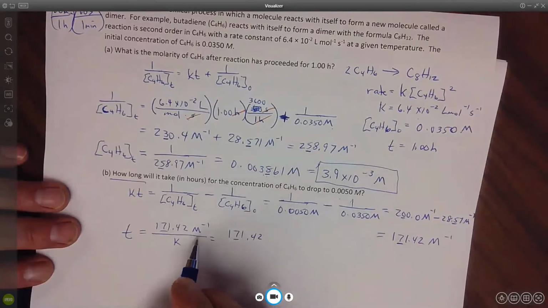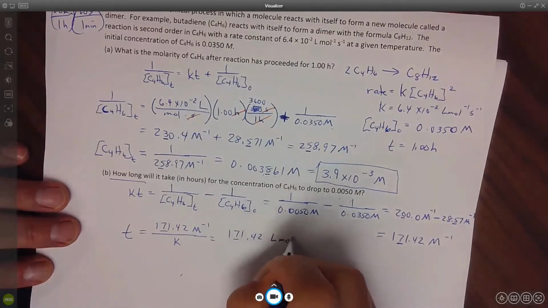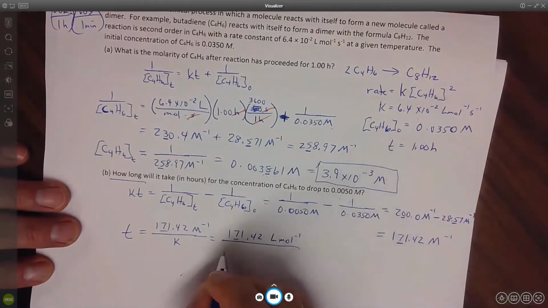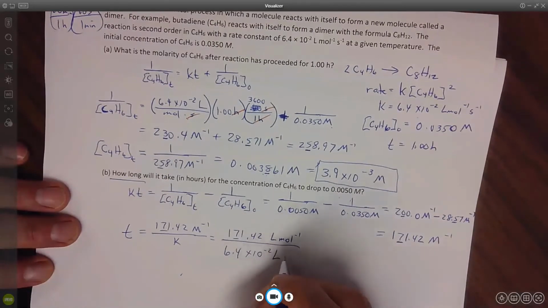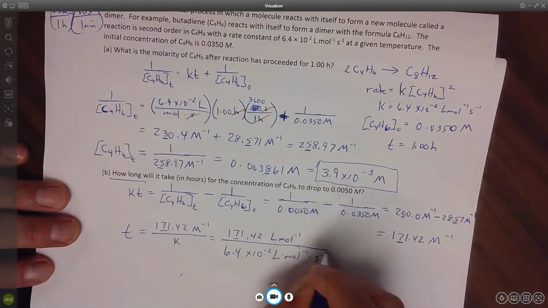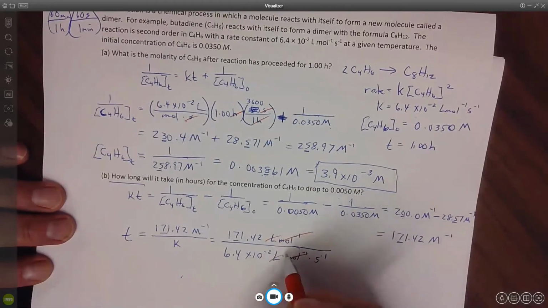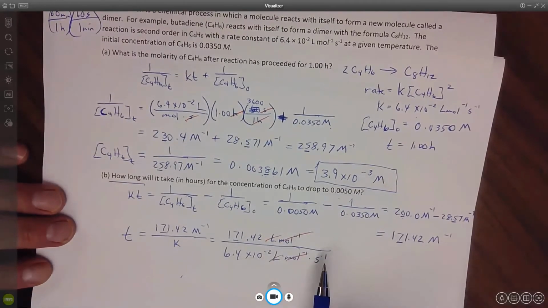Molar is normally moles per liter, so this is going to be liters per mole. The only reason I'm doing that is because the units of k were given that way. Now we can see that our per moles cancel, our liters cancel. I now have 1 over a second, so these units are seconds.